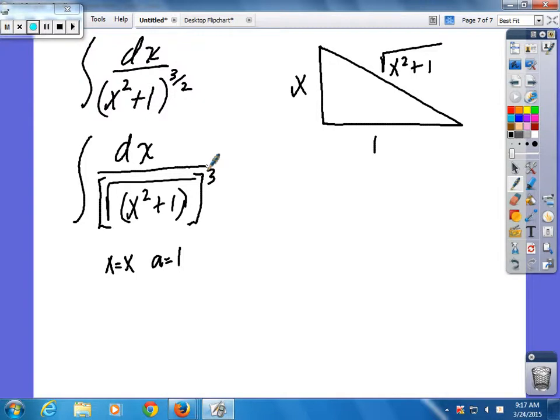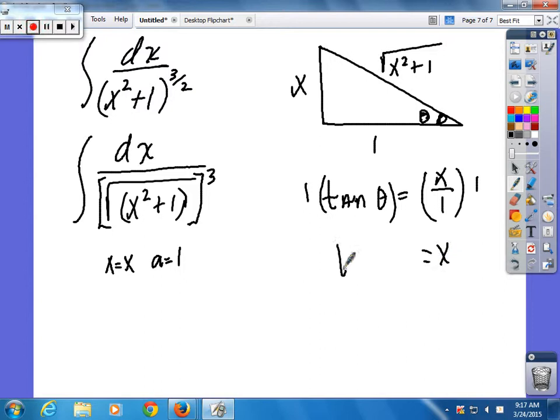So we know that the tangent of theta is equal to opposite over adjacent, x over 1. So multiply both sides by 1, and x is equal to tan of theta. Therefore, dx, what's the antiderivative of tan of theta? Secant squared of theta.